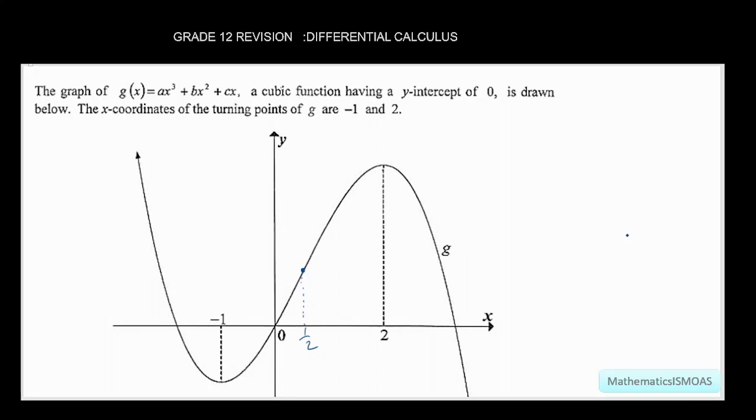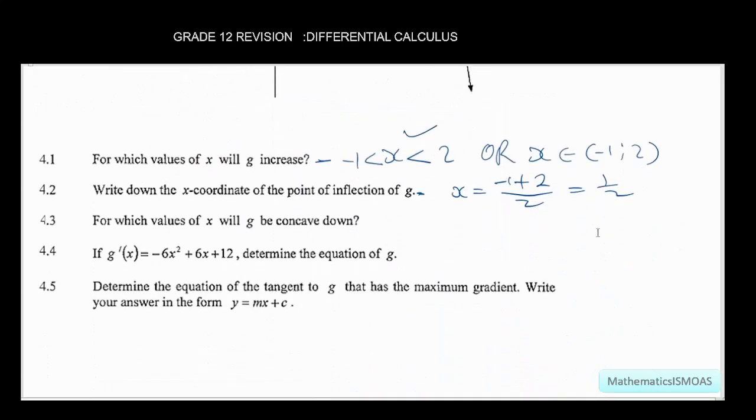Where are we having concave down? We know that on the left of the point of inflection, this is concave up, and on the right of the point of inflection, it is concave down. Therefore, concave down will be where x is greater than 1 over 2.